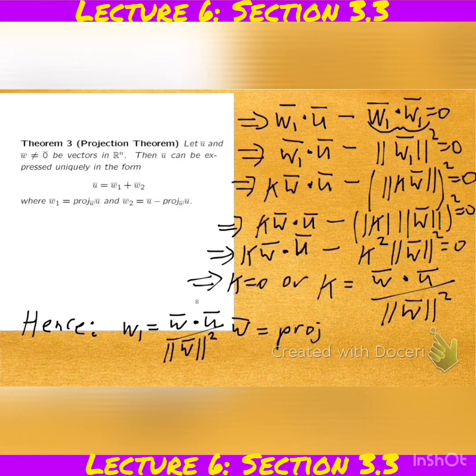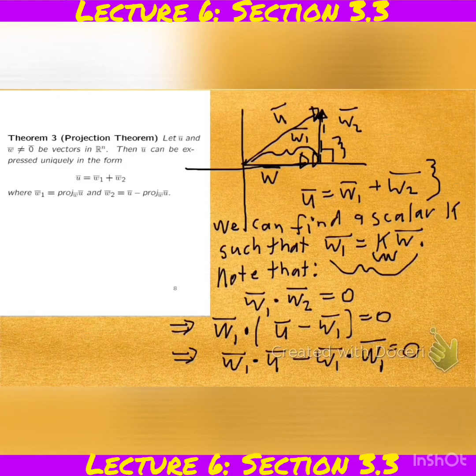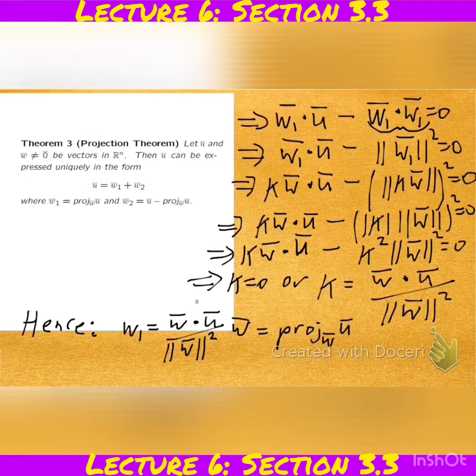What vector am I projecting? I'm projecting the vector u onto the vector w. Go back to your sketch: there's w and there's u. I'm taking u and projecting it onto that vector there. So that's called the projection of u onto w, and I can also then solve for w2.